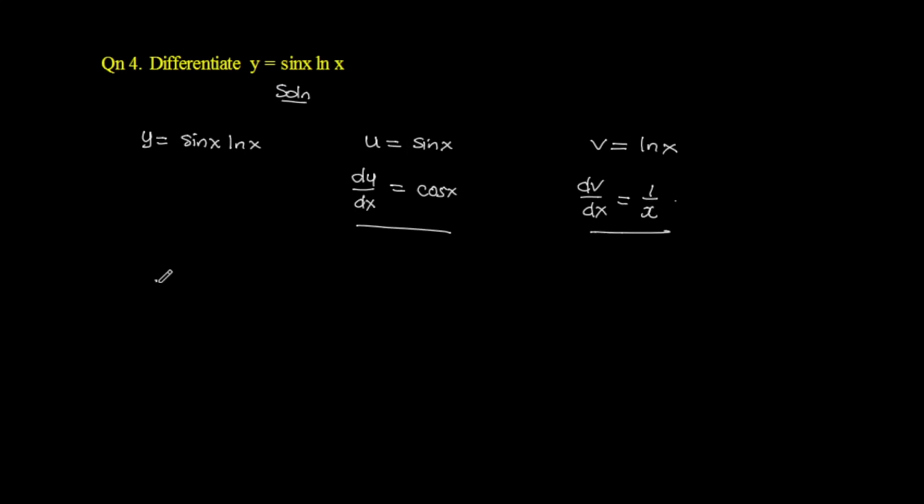Then we write our formula, dy by dx is given by v du by dx plus u dv by dx.